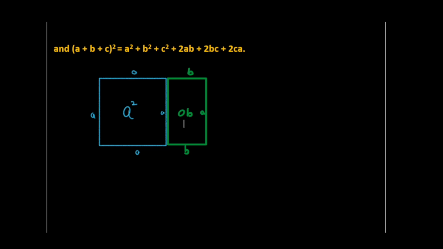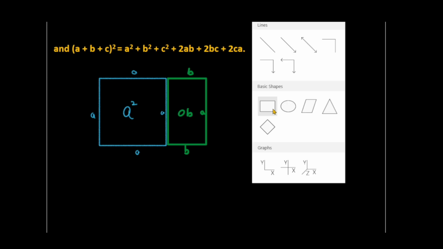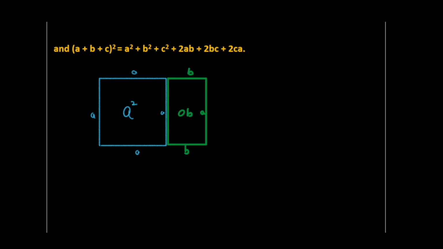Completing this, again the same rectangle, we are going to take on the adjacent side also. If we need to complete this as a regular figure, we are taking one more rectangle.